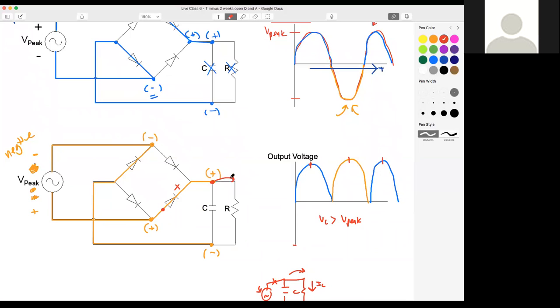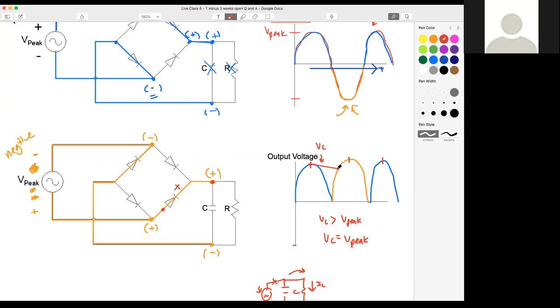Now the capacitor is going to start discharging, right? Because it's no longer hooked up to a source. So it's going to discharge in a linear straight line, just about like that. When it hits this point right here, guess what? At this point, VC is equal to wherever we're at in the voltage peak, because this line, which is our VC, our capacitor voltage, is equal to that output voltage we drew.